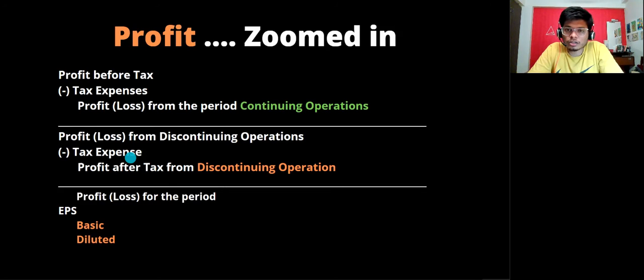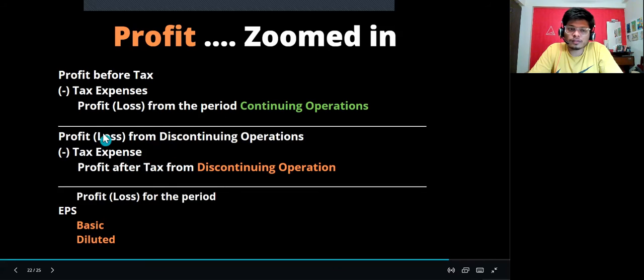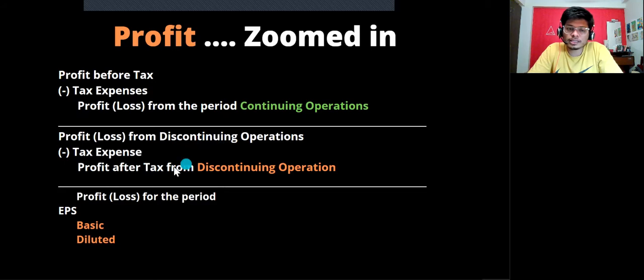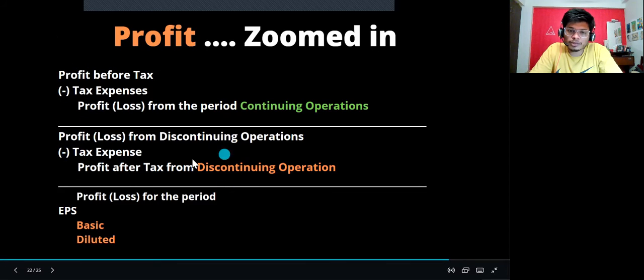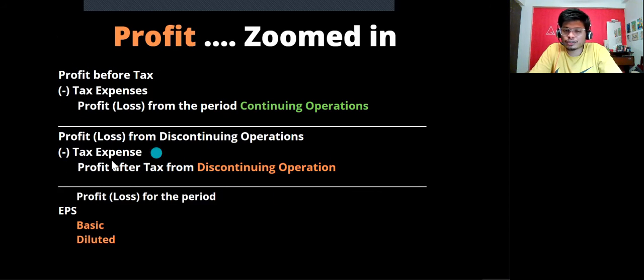That would be a discontinuing business, and any loss that you're sustaining from that business, this is basically for presentation to the shareholders: look, these are the businesses that I'm continuing to operate, and from here I have profit, but whatever loss I'm getting is from my discontinuing business. So it gives the shareholder that extra information that, okay, from the continuing business you're earning sufficiently, right?